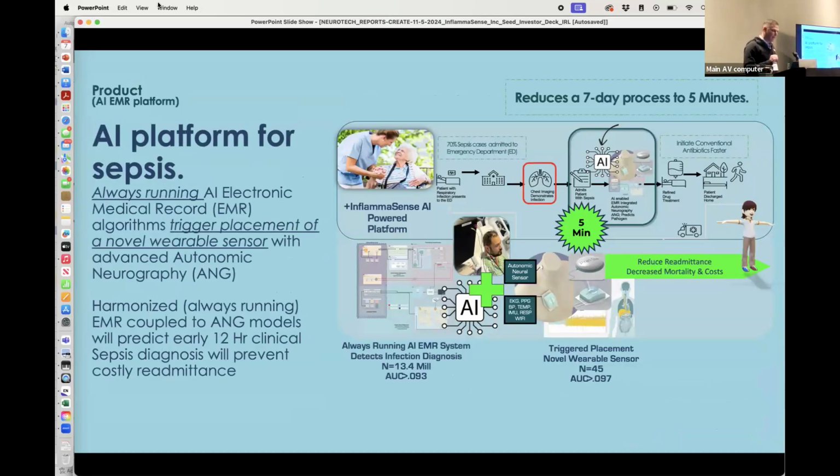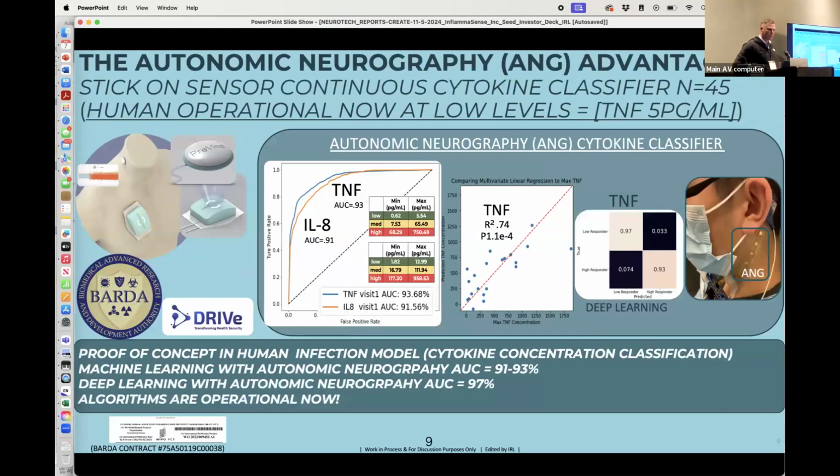As soon as our LLMs that are monitoring the EMR data indicate that somebody has a presumed infectious diagnosis, we signal to the nursing staff to place our sensor on the patient. Within 5 minutes, we can get an idea of where that ramp up is. How quickly is the neural firing changing in accordance with the cytokine concentration?